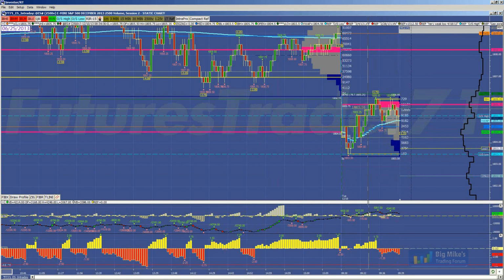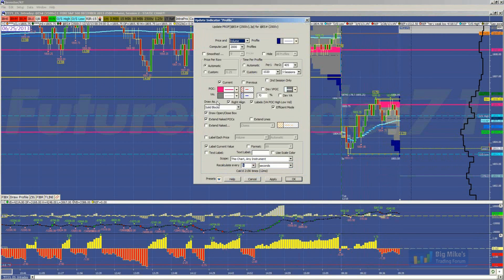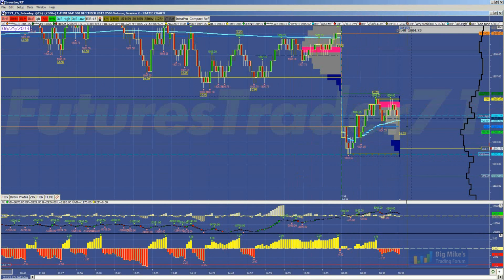Look at the volume here. The volume is fairly steady until it reaches the high.